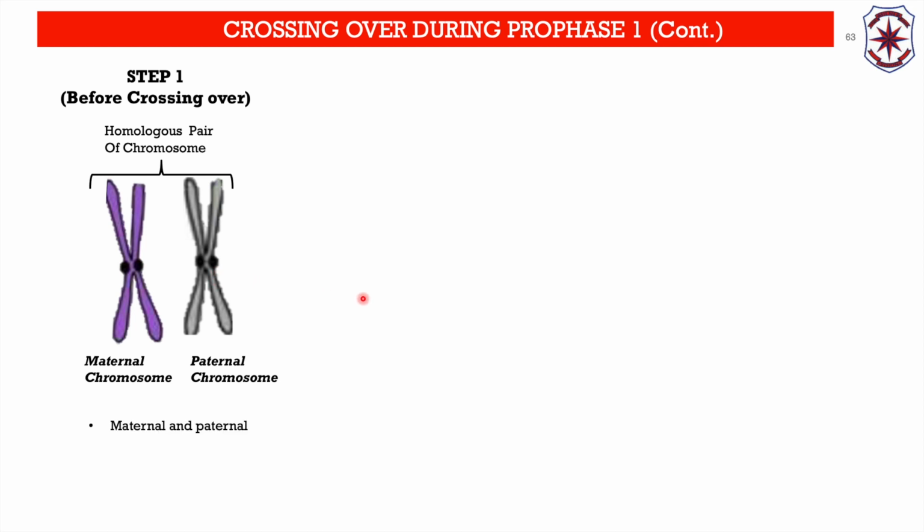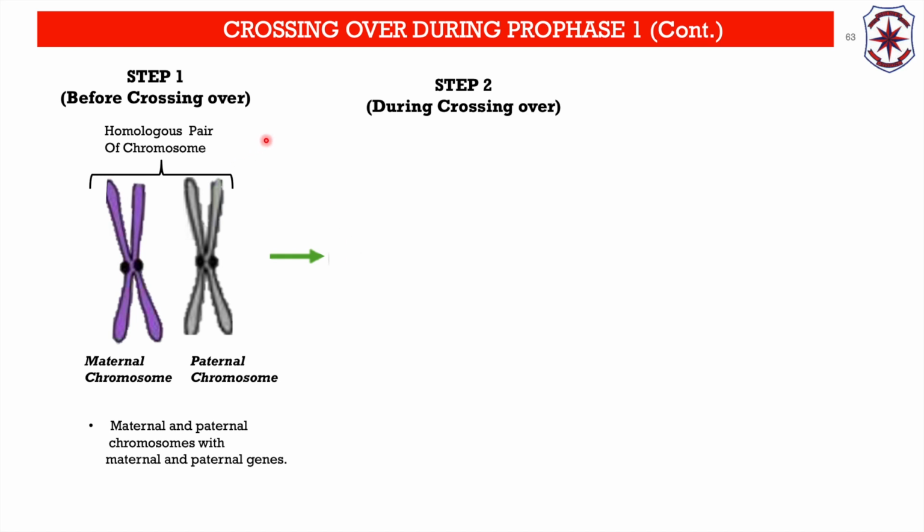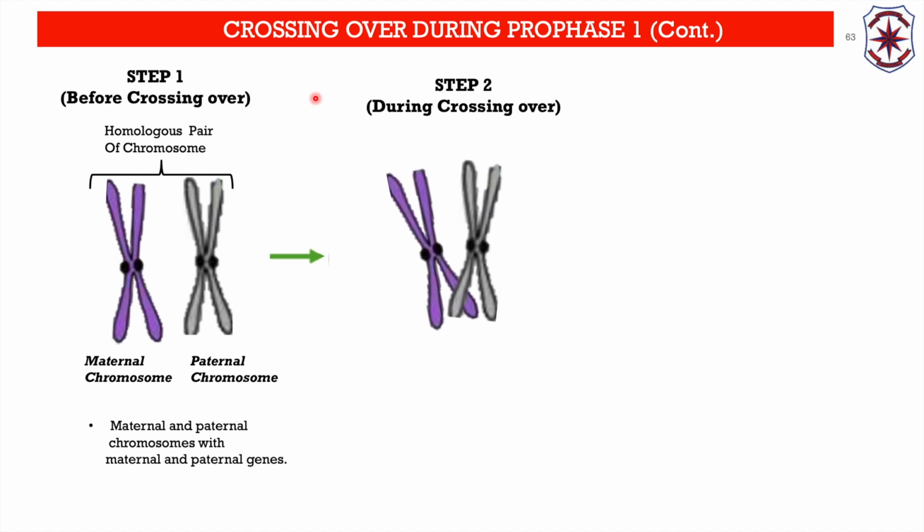All right. Now, we have the maternal and paternal chromosomes with the maternal and paternal genetic material. Not genes, genetic material. Okay. Now, step number 2. We said that chromatids of homologous chromosomes are going to overlap.